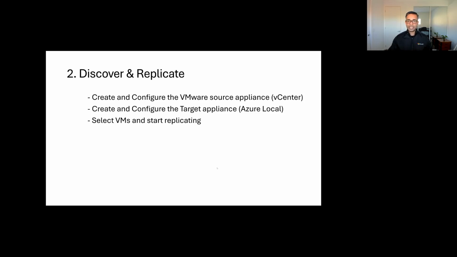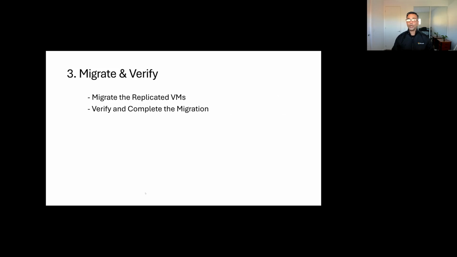Keep in mind, like I said in the previous slide as well, each of these will have the corresponding versions of the template, which is an OVF template in the case of vCenter, and a VHD template in the case of Azure Local. So it's very easy to configure. If you choose to ignore these templates and want to use PowerShell, you can choose that option as well.